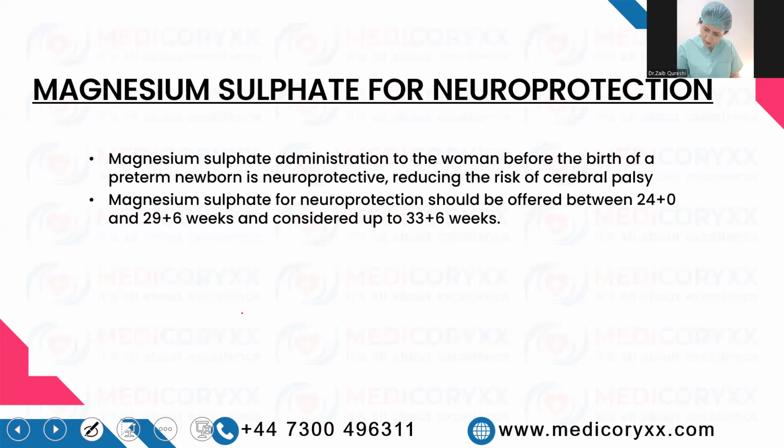All right. Magnesium sulfate for the neuroprotection. So this is also one of the exam questions. Magnesium sulfate for neuroprotection should be offered between 24 and 29 plus 6 weeks and considered up to 33 plus 6 weeks. Full stop.